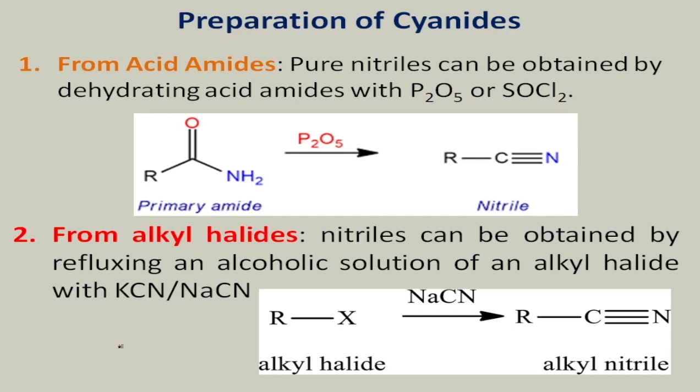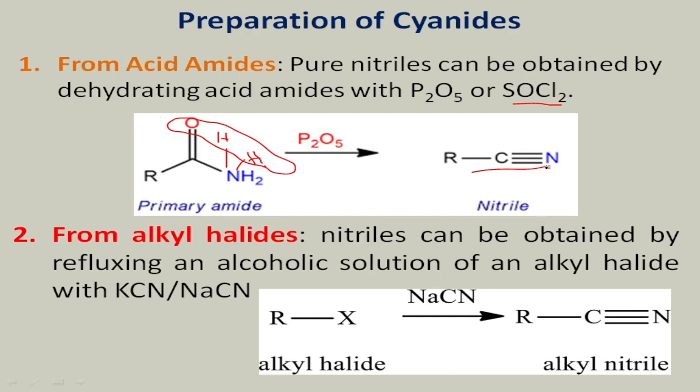The amide RCONH2 reacts with P2O5 or thionyl chloride SOCl2 in a dehydration reaction. Dehydration is removal of a water molecule, H2O, from the NH2 and H2. So this water molecule gets removed, and you get R C triple bond N, the nitrile.